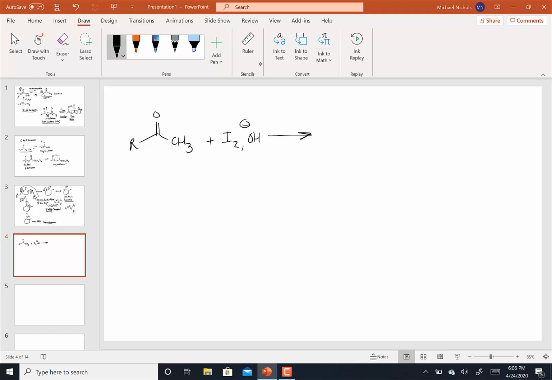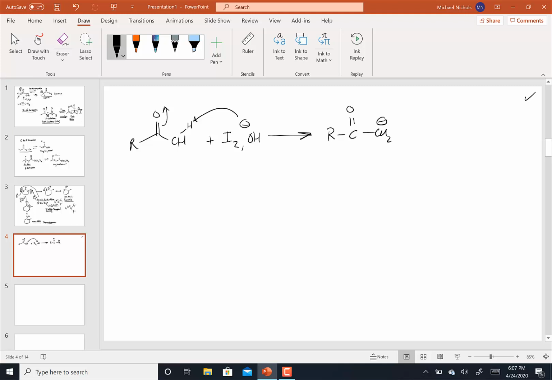And in this case, what would happen is that if we had the methyl group side with iodine, here's what's going to happen. If we look at our methyl group here, our hydroxide is going to come in and deprotonate that to form the enolate, and I'm going to keep the negative charge on the carbon.